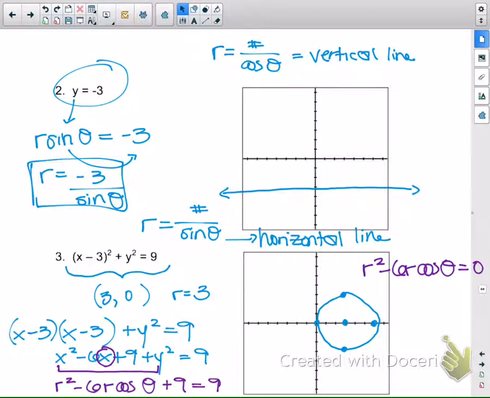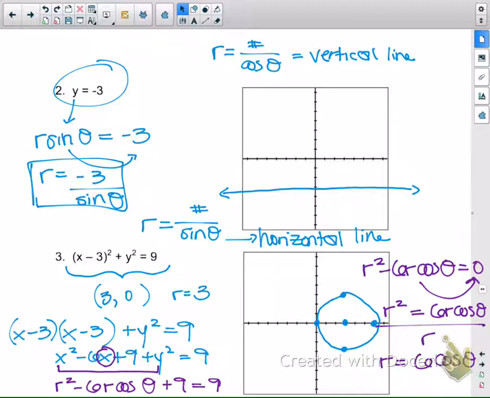You could take out an R. The easiest way for me to do this is to move this whole term to the right-hand side and divide by an R. If I divide everything by an R here, R is equal to 6 cosine theta. Yep. That's in terms of R's and thetas and cosines.